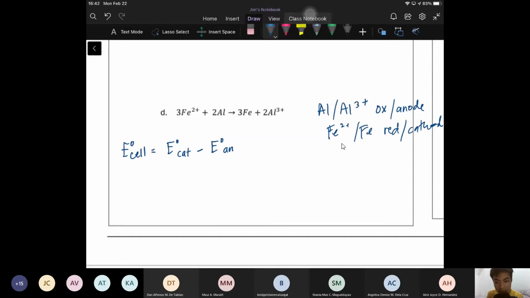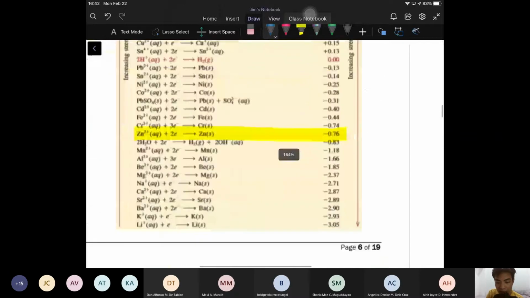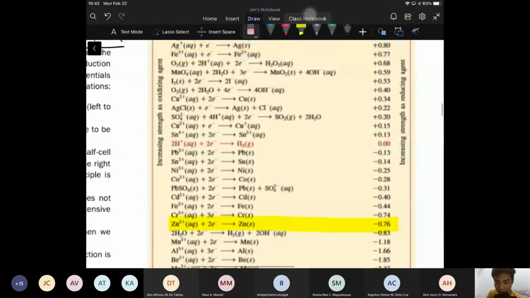Let's look at the SRP table, no? Kung ano yung corresponding E values ng dalawa. So for the cathode, we have Fe2 plus Fe atoms, no? So tingin tayo dito sa table, hanapin natin si Fe2 plus and Fe. Ang dami nakalagay. Ito. Okay, so ito.